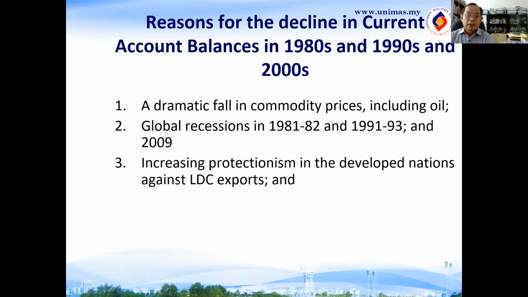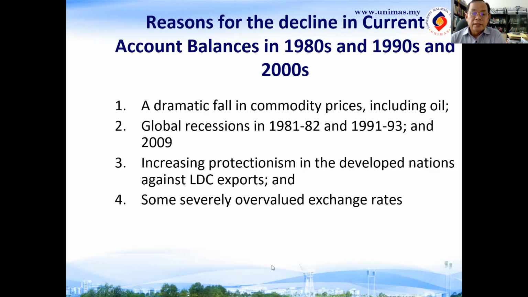And also increasing protectionism. We have seen this last week. By the developed nations against less developed countries' export. Yeah, protection against goods which are exported by the less developed countries to the developed countries. There are various reasons why they're doing that. One of which is to protect their own producers of similar products.